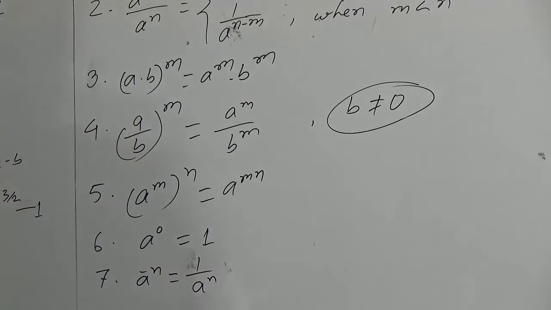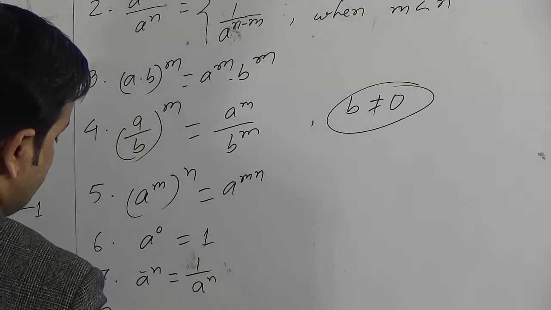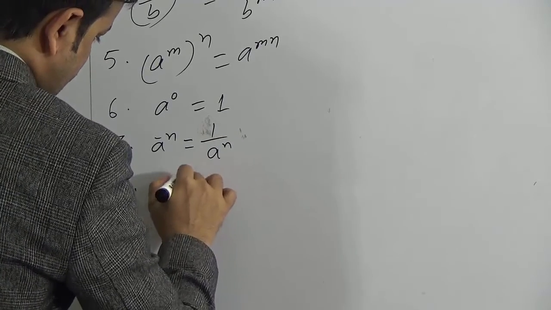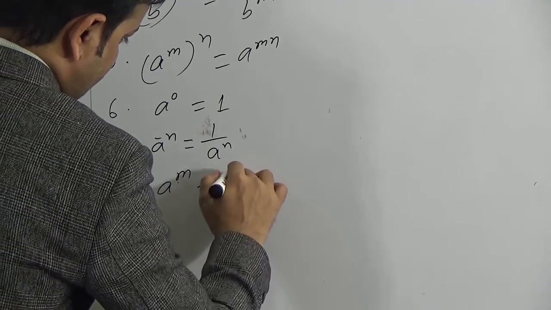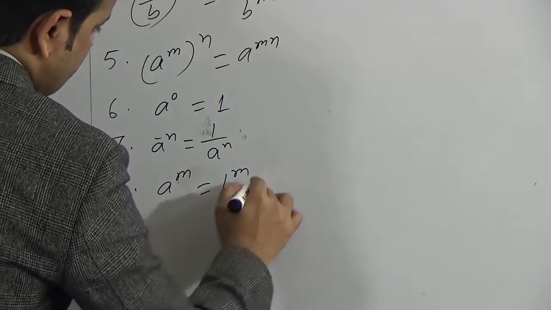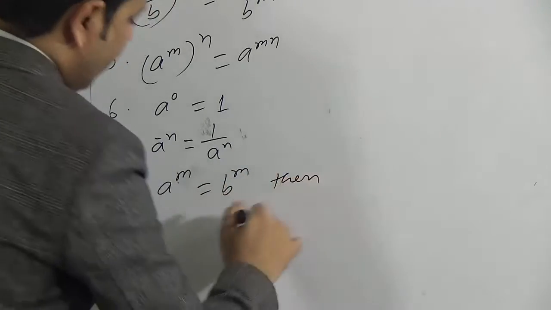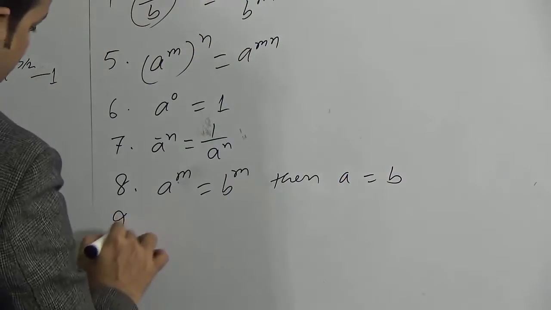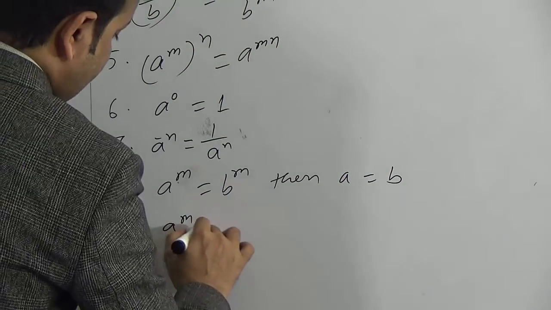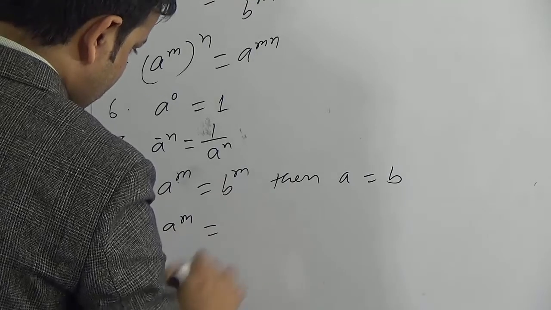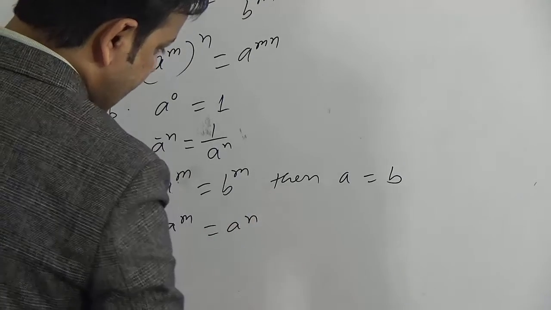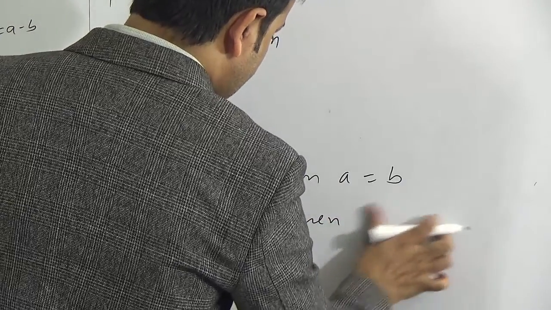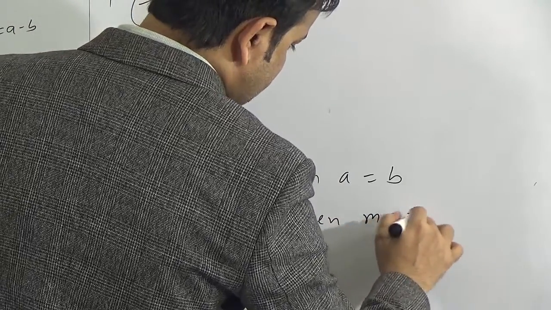Then if a to the power m is equal to b to the power m, then a is equal to b. If a to the power m is equal to a to the power n, then m is equal to n.